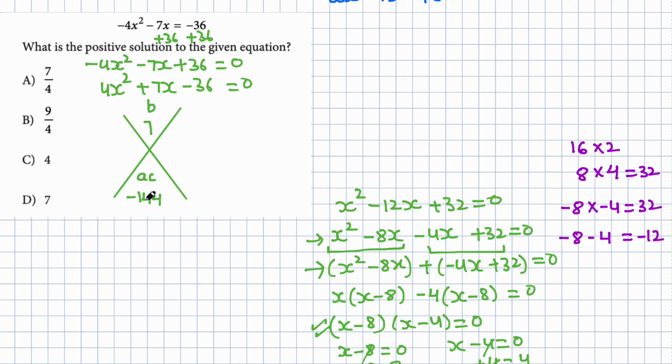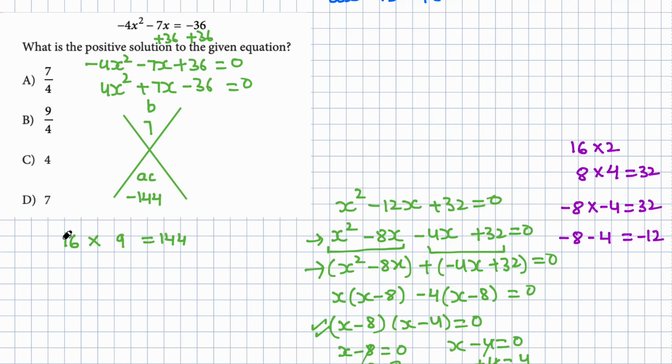We know that if the product is negative, one number has to be negative and another has to be positive to make a negative product. So what can be the numbers? Okay, 16 and 9. 16 times 9 is 144.